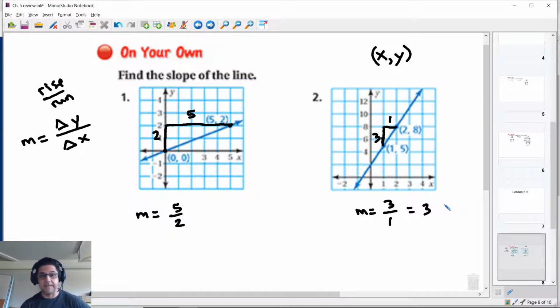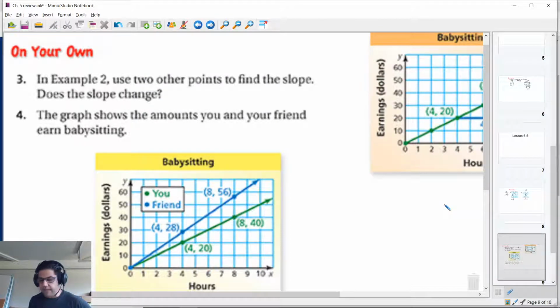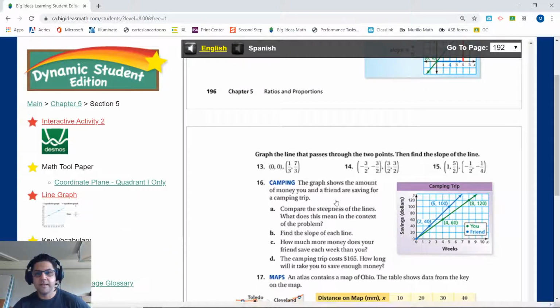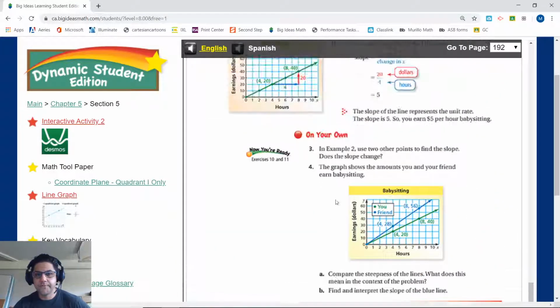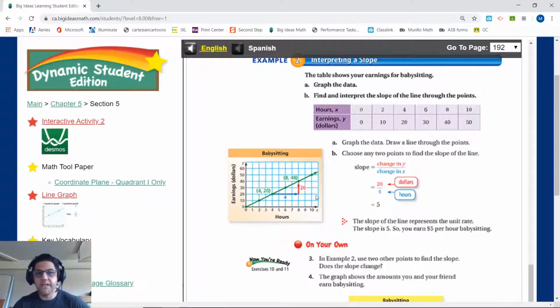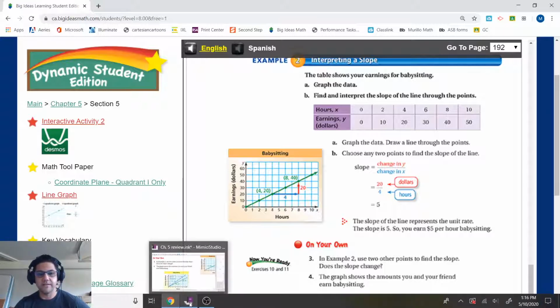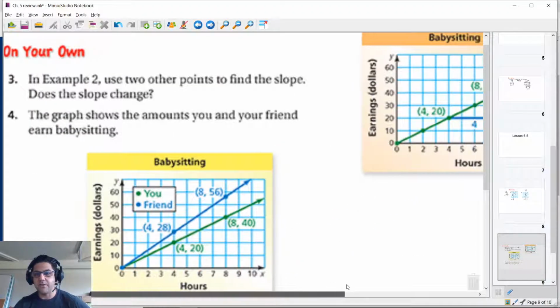All right, let's see here. Example 2. So let me go back to example 2. Noticing here on example 2, they use those 2 points identified to find the slope of 5. What it's asking us to do is use 2 other points to find the slope. Does the slope change? Now remember, it is simply rise over run. So let me go over here.